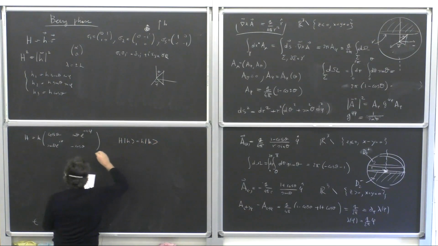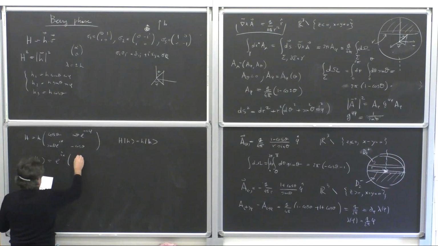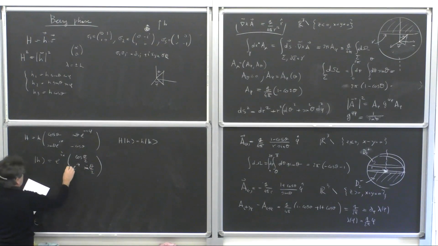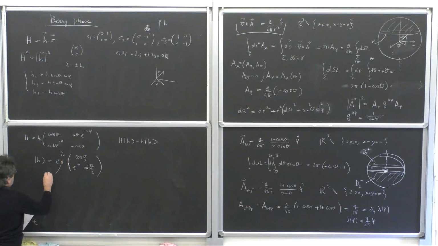The upper eigenvector is, you can work it out, okay? Okay, that's the upper eigenvalue. And this is a free phase that you can put. You can put a free phase at your choice.